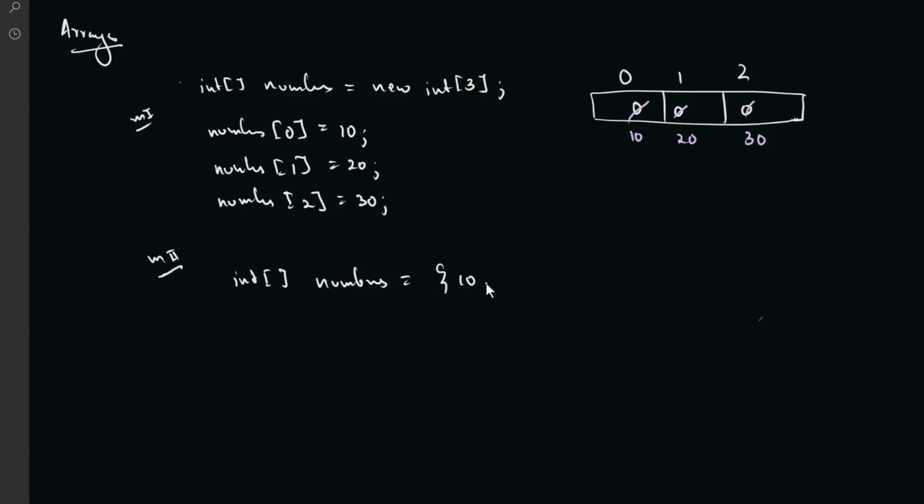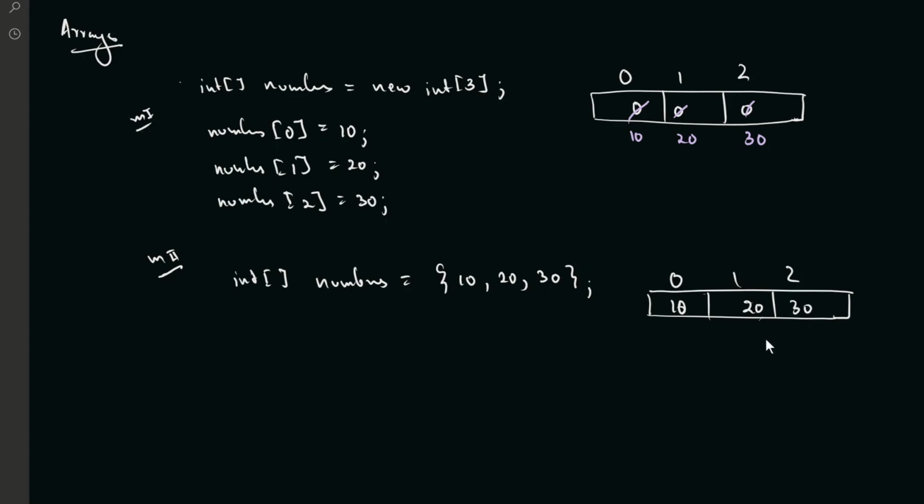So 10, 20, 30. Just by writing this line, your system will form an array with 3 memory spaces, because it will just count how many elements are there. So it will form 3 small blocks, 0, 1, 2, and place the elements starting with the first, 10, in the 0 address, then followed by 20, 30.